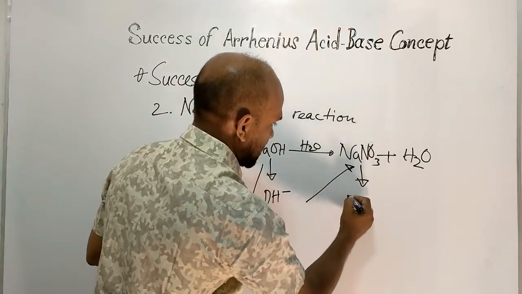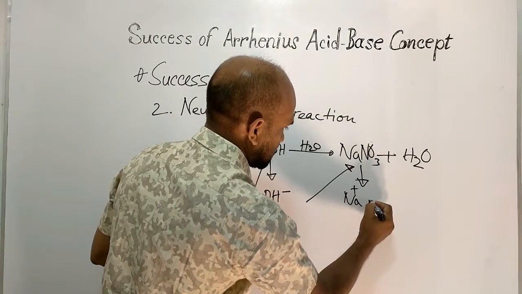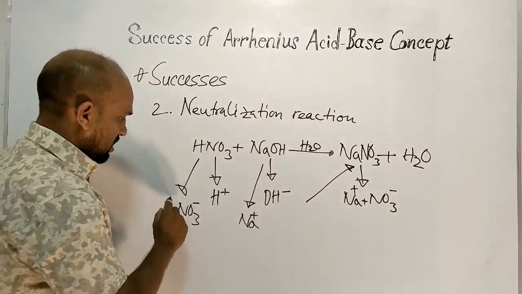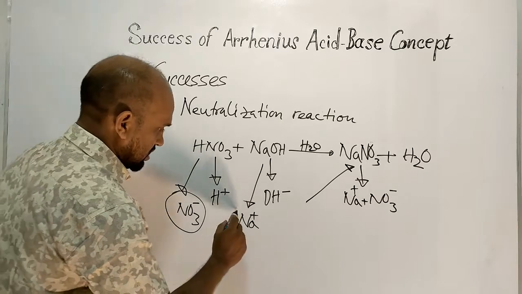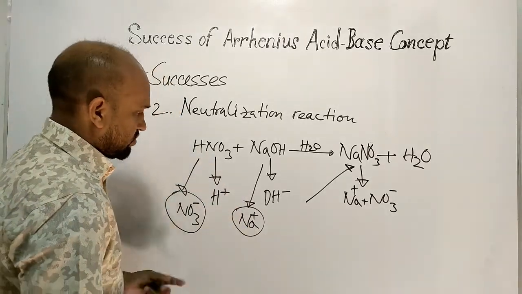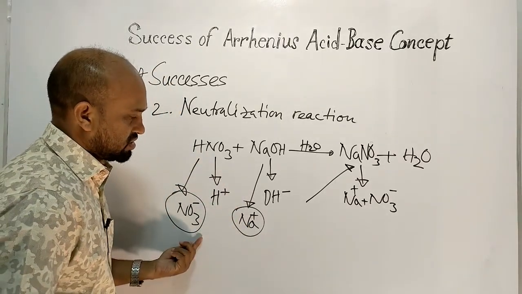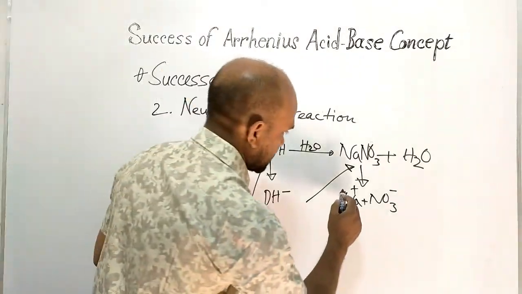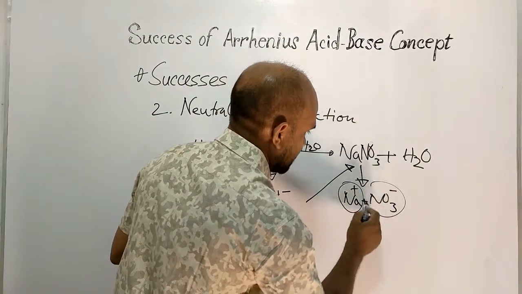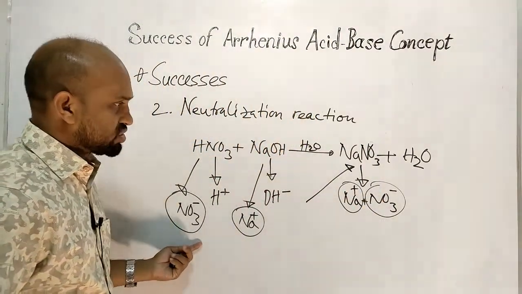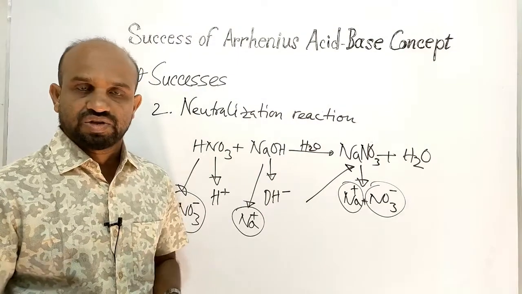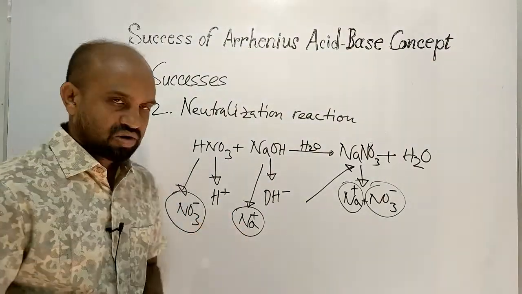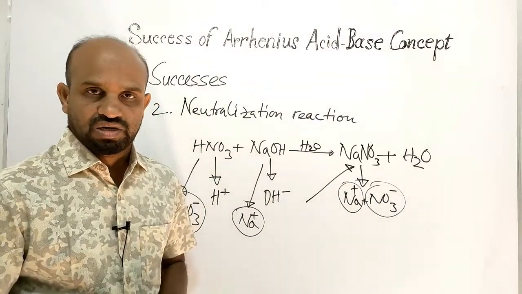This salt is again ionized into sodium plus and nitrate minus. So these ions, nitrate ion and sodium ion, remain as ions before the chemical reaction, and after the chemical reaction they remain as ions. So there is no change before and after the reaction. That is why these ions are called spectator ions.